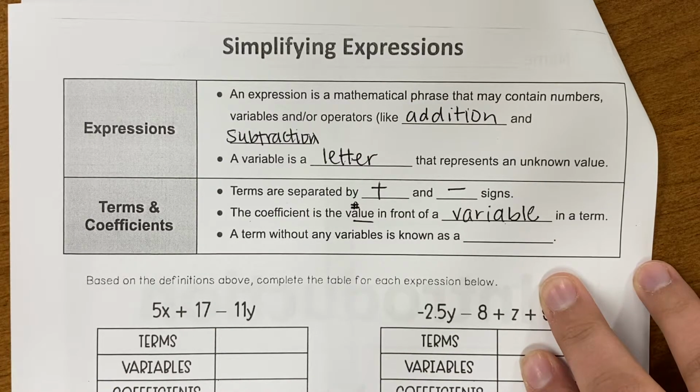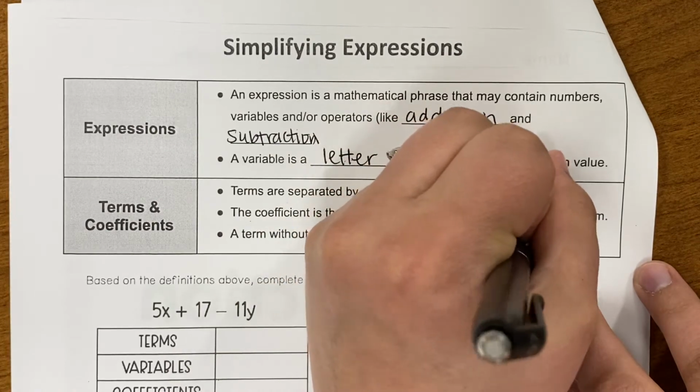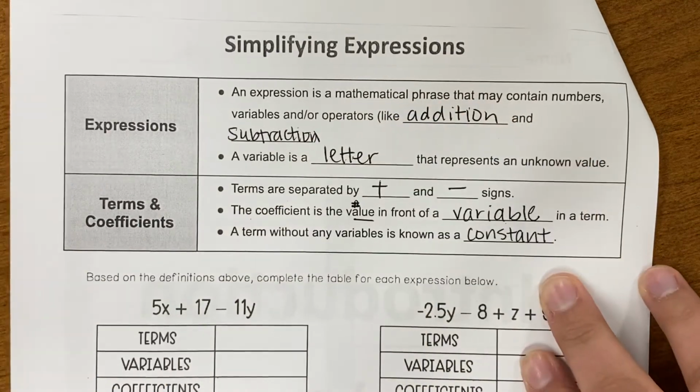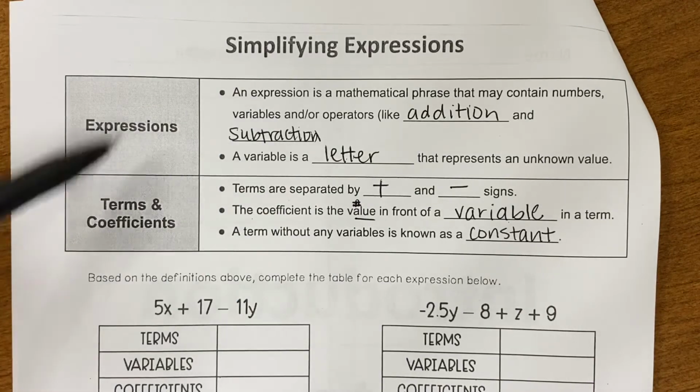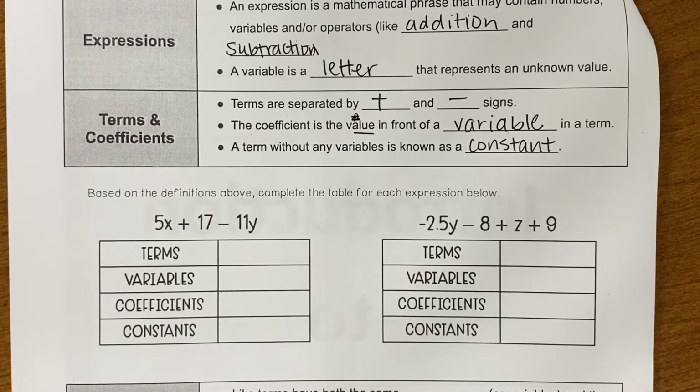A term without any variables is known as a constant. So using what we know about these terms, let's look at an expression and see if we can identify the terms, variables, coefficients, and constants.